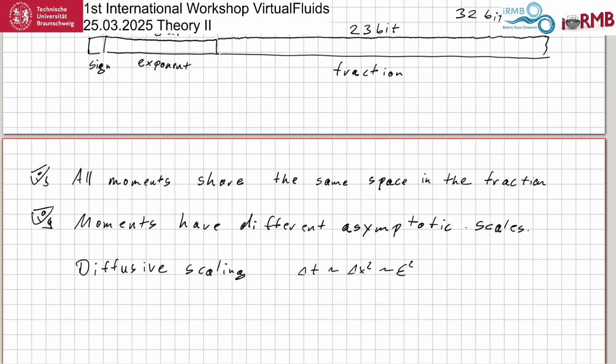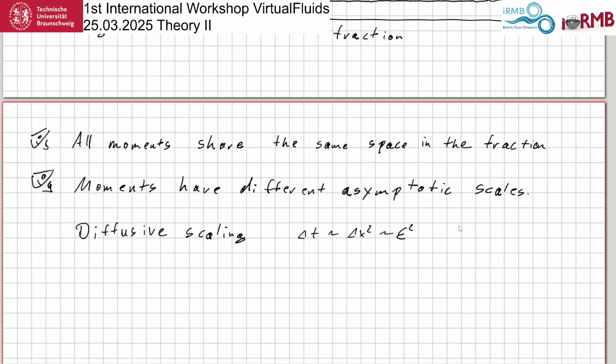So now let's analyze what this means for our populations. There is a part in the populations that goes to epsilon 0. This is the density.